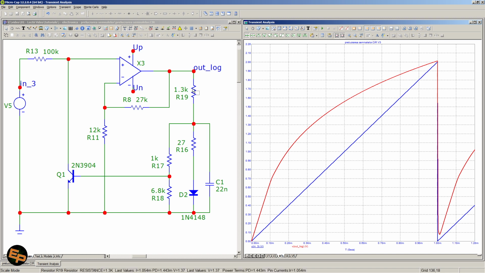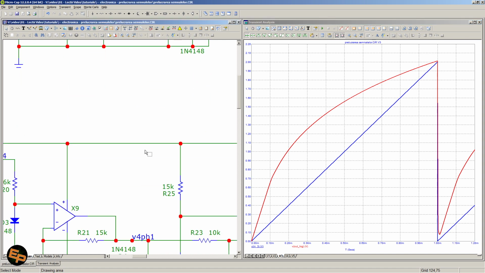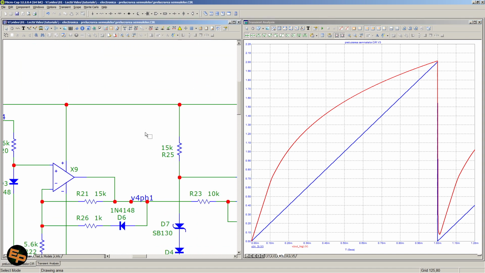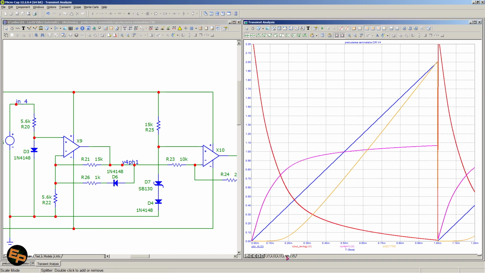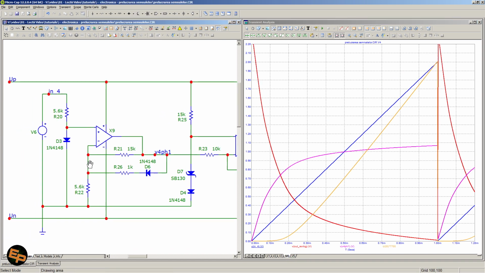Now, theoretically, we could do this so that the input signal is generating this voltage. However, I have chosen to test a separate circuit, and take a more direct approach to this particular problem. And this is what we have here.